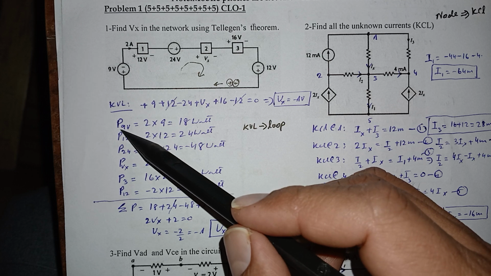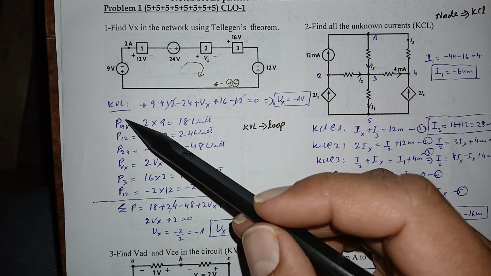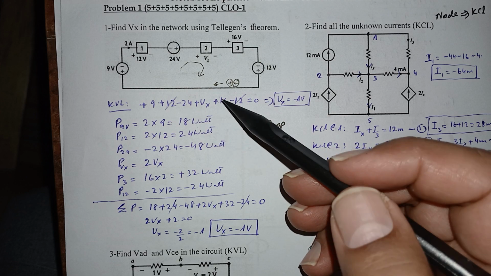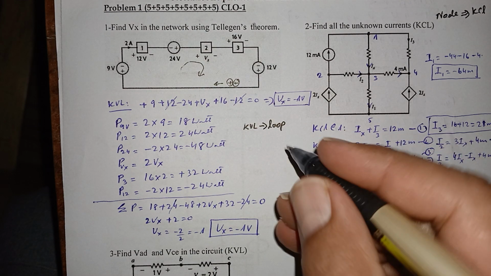The logic for the power is that a passive element is an element in which, if the charge is flowing, I'll use the book notation.